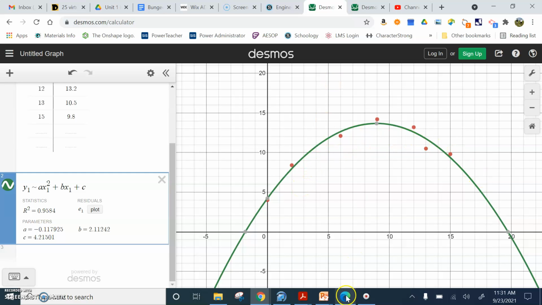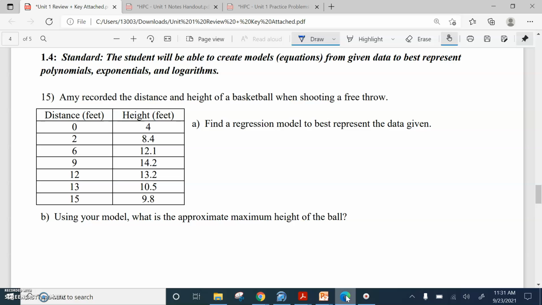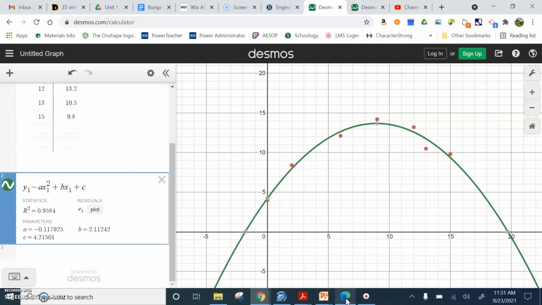So part A is asking for two things. It's saying what regression model, and I'm telling you it's quadratic, but it's also really implying, and on the test it's very clear, that it wants to know the equation itself. So that's where we don't need to write all of the numbers in here. We can round some of this.